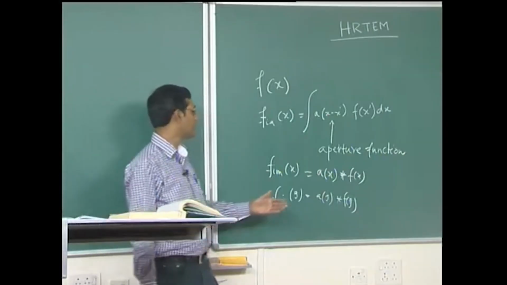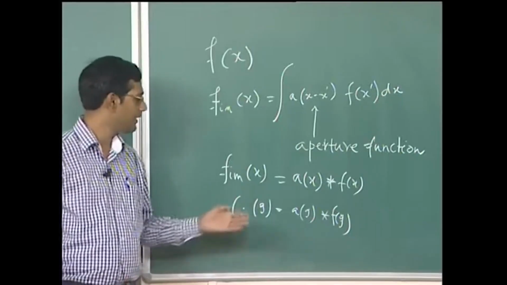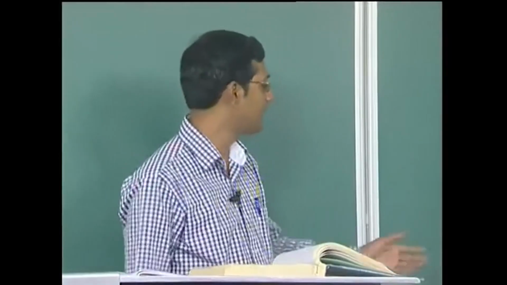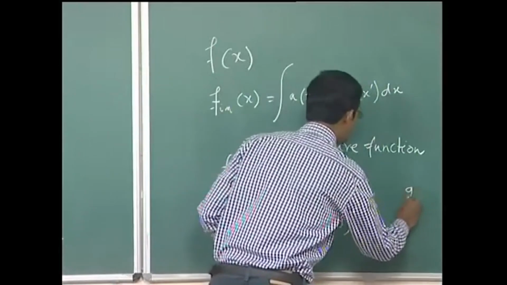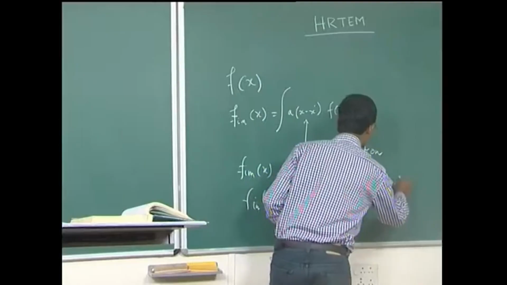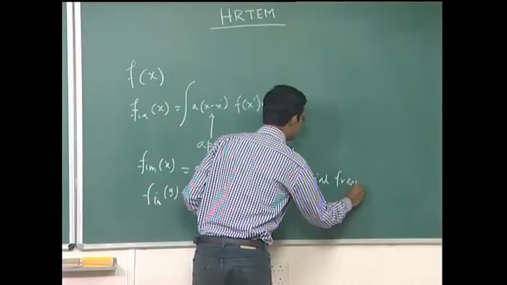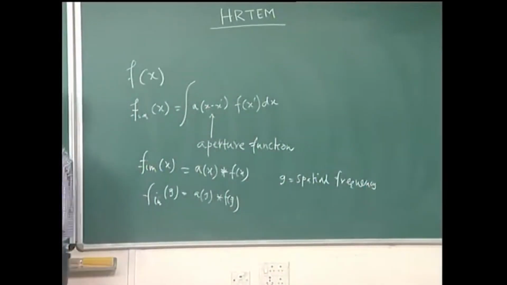We know that the convolution of any function, once we transfer into Fourier space, remains a convolution of the Fourier components, where g is now the spatial frequency, because in Fourier space everything is described in terms of frequency or inverse of lambda.